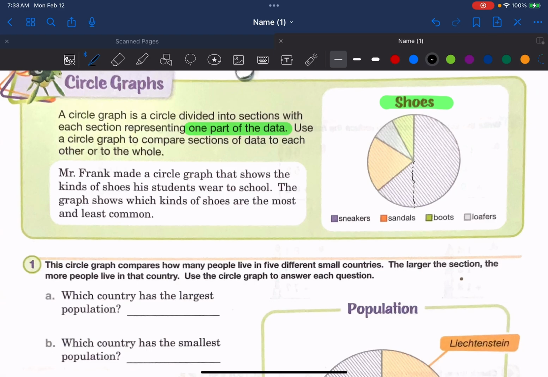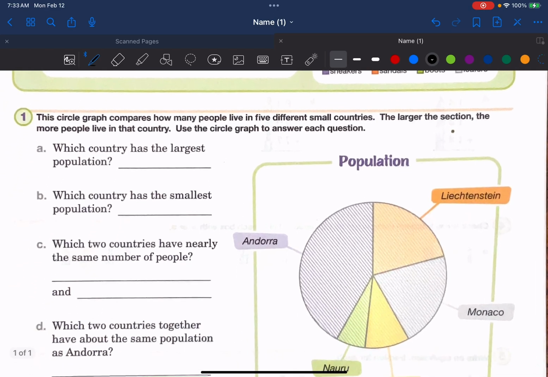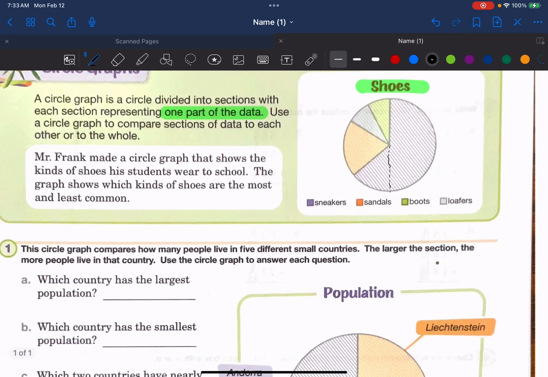And then that's going to come in handy to think about it in that term when we get to some of ours. I don't think it's today's lesson, but in other lessons where it will ask like, okay, which two people made up 1/4 of the graph? So like, here's my fourths.